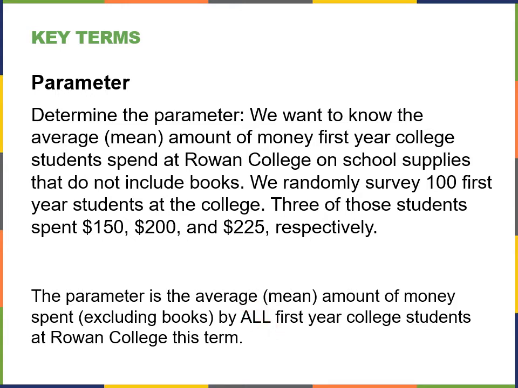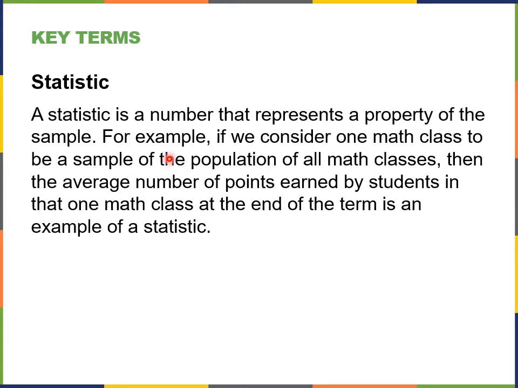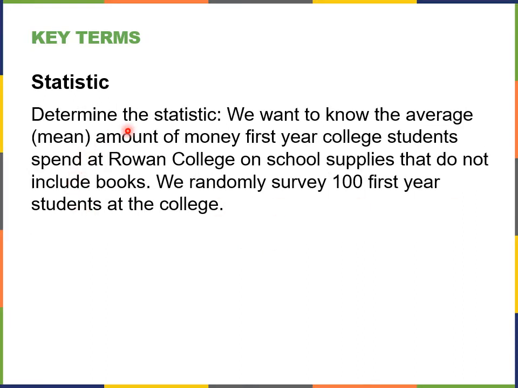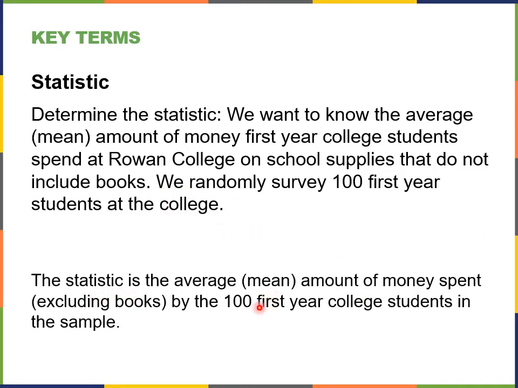That's the parameter. As opposed to a statistic. A statistic is the number that represents the property from the sample. So if we looked at that same question and I said, okay, 100 first-year students surveyed, and I found the average from those 100 students, the average from those 100 students would be my statistic.